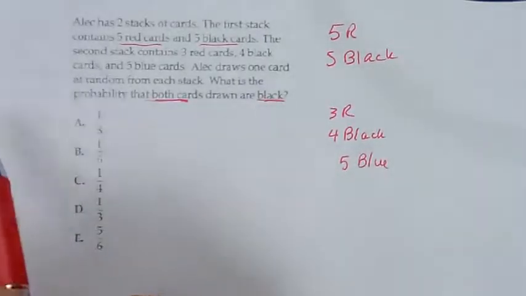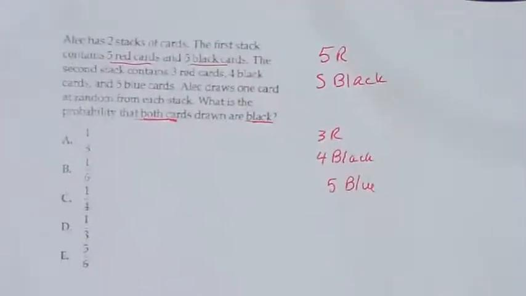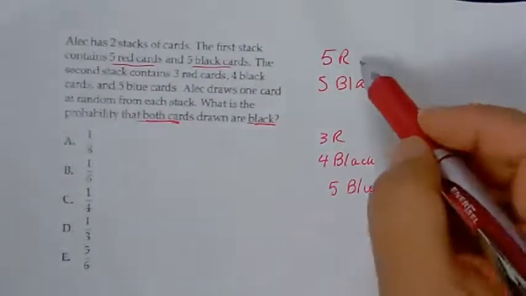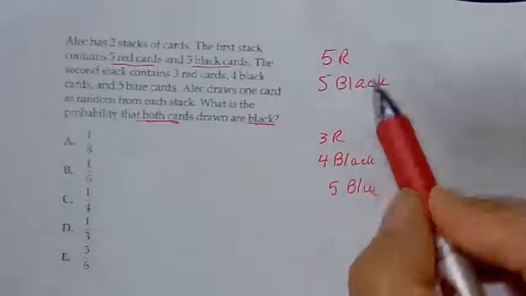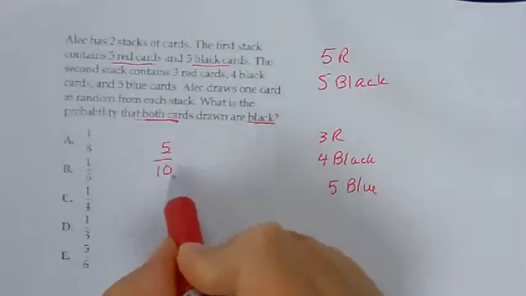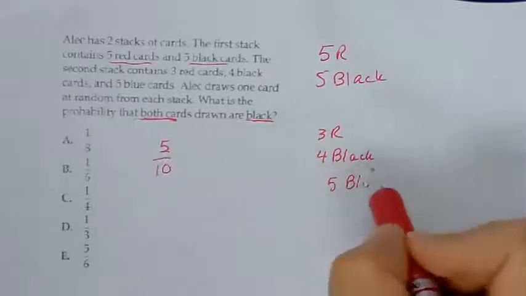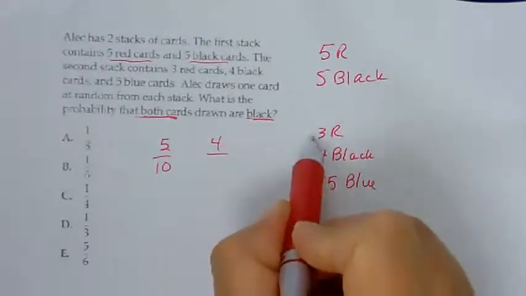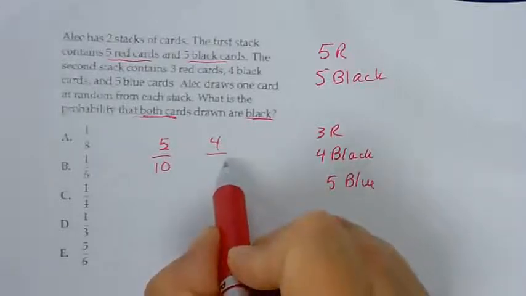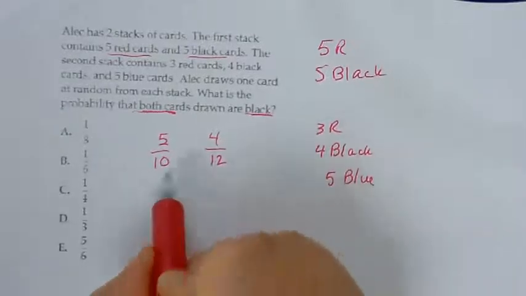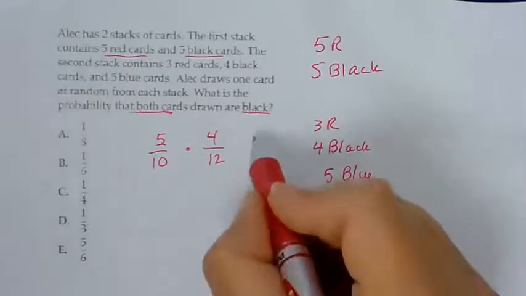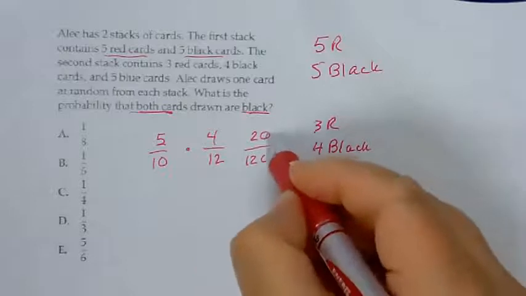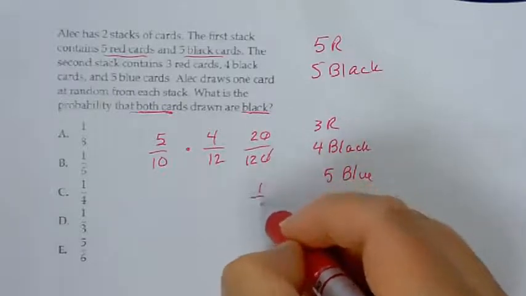So with both, that means I want this to happen and this to happen. So the first one, the probability that I draw black is going to be 5 out of 10. The second stack, the probability that I draw black is 4 out of 12. So then when I multiply, I get 20 out of 120, which reduces to 1/6.